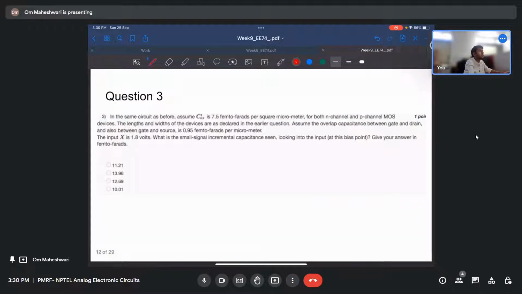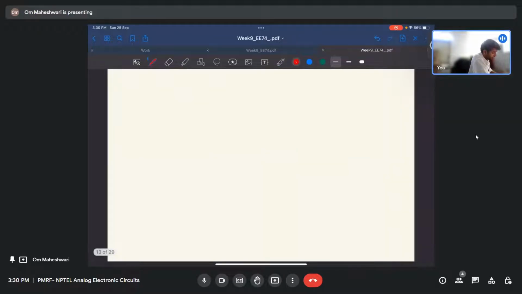Let us see the next question. The same circuit as before, Cox is this, and for both PMOS and NMOS the widths of the devices are the same, overlap capacitance is given this, X is at 1.8 volt. So now what we have is, this is 1.8, so output will be at 0 volt.